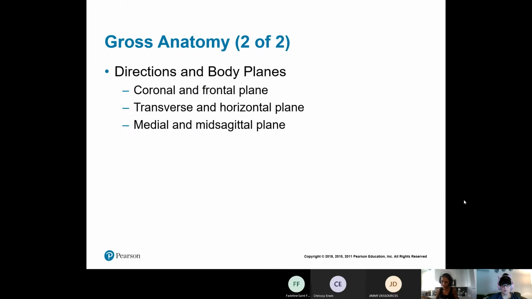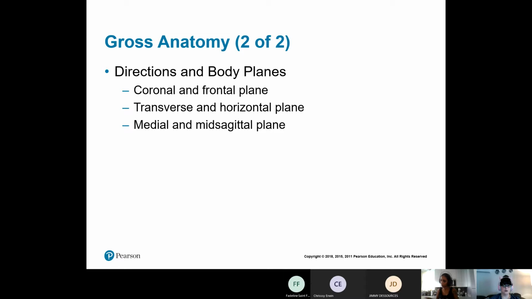But it should be the section that says gross anatomy and starts talking about directions and body planes. And I'm just not sure how it works with the actual book. All right, so let's go ahead and get started with this chapter.